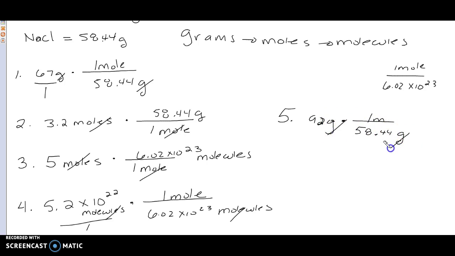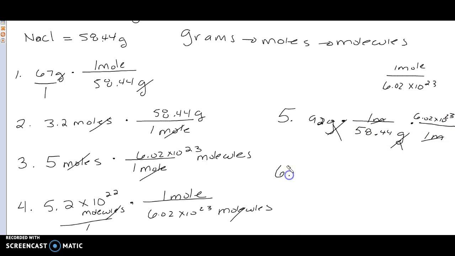And that gets rid of my grams now. And I just need one more step, and I need to get rid of moles and end in molecules. So I'm going to put my 6.02 times 10 to the 23 up here, because that's molecules, and that's to 1 mole. And that gets rid of moles and leaves me in molecules. So it's just 92 times 1 divided by 58.44 times 6.02 times 10 to the 23.